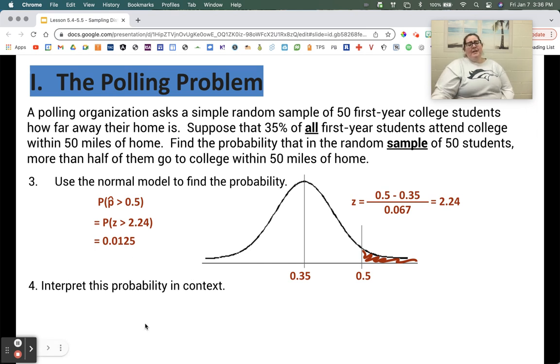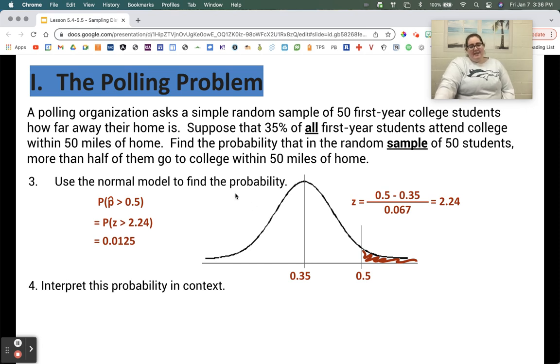And then the last step we're going to do, and this is kind of new to us, usually once you found the answer, you circle it, you move on, but I want you guys to start getting in the habit of interpreting your probabilities. So our last step is to interpret that. And really all I have to do is take the last sentence here and reword it as an answer. It asks us to find the probability that in a random sample of 50 students, more than half of them go to college within 50 miles of home.